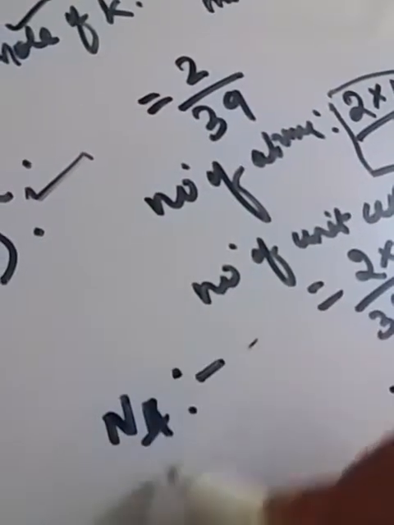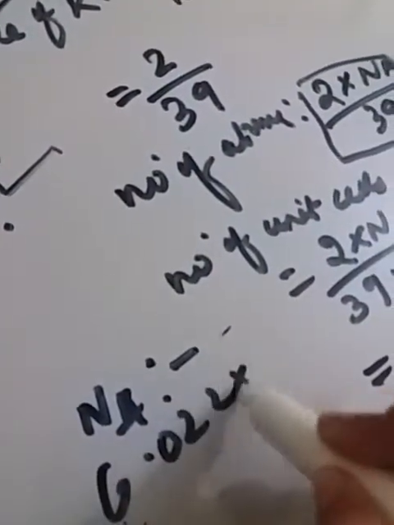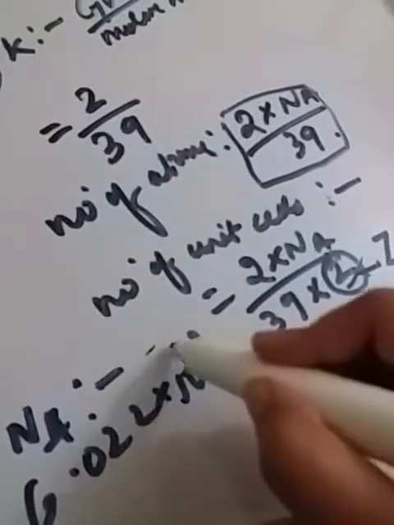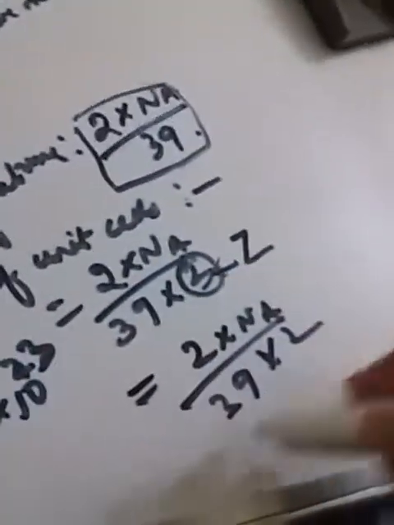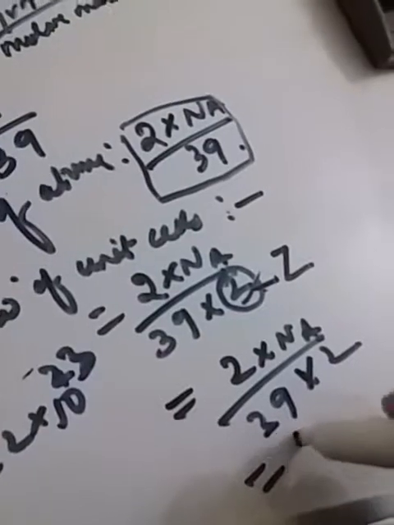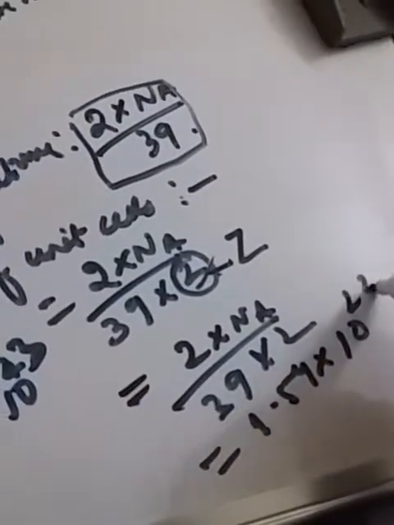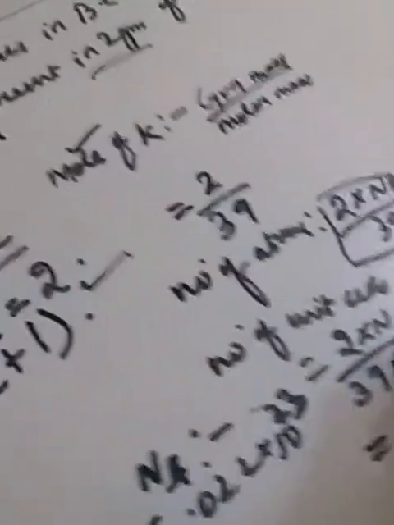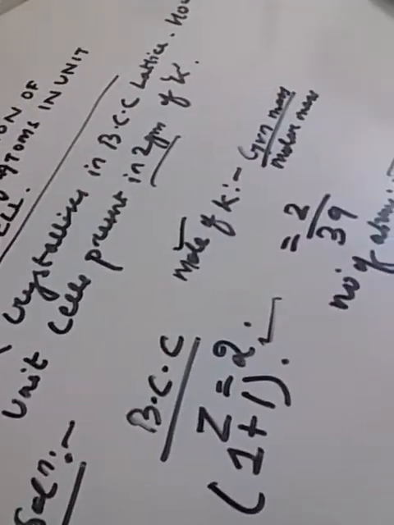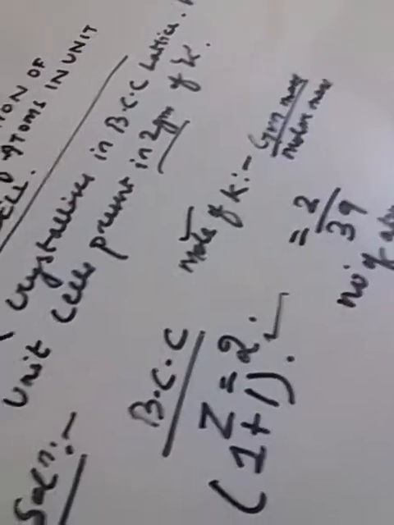Do you know Na? Na is the Avogadro's constant, 6.022 into 10 to the power 23. When you solve this, you will get around 1.54 into 10 to the power 22. I hope you got it. Now let's do the next question.